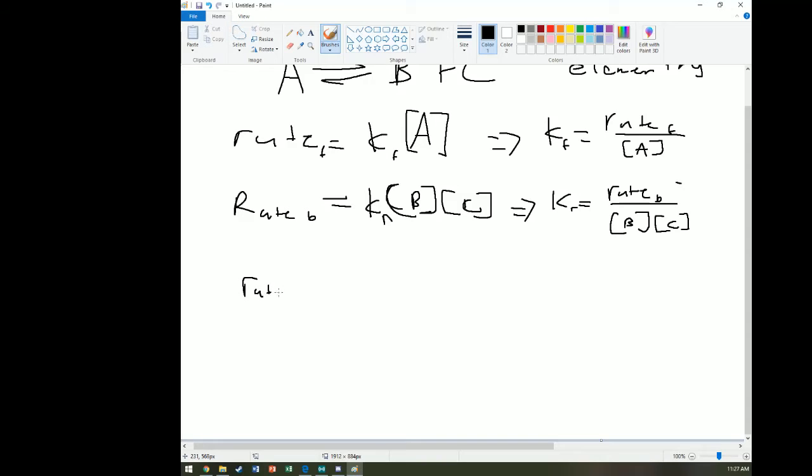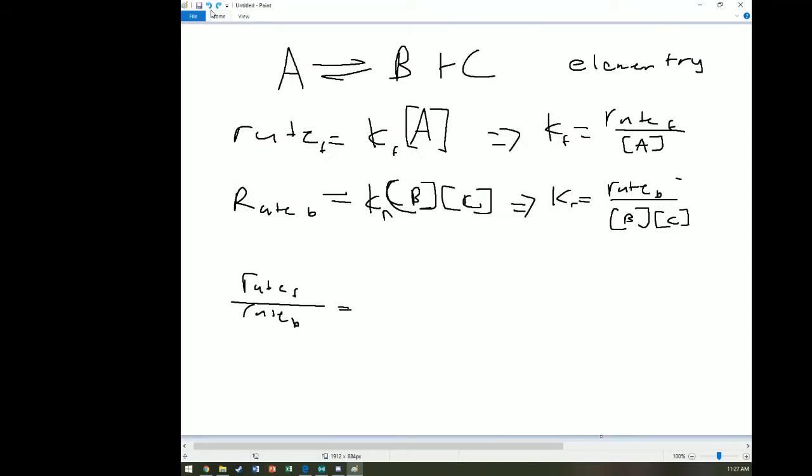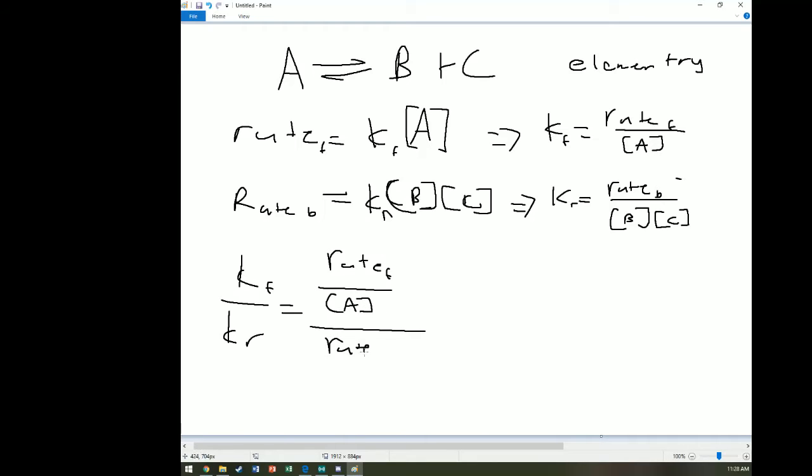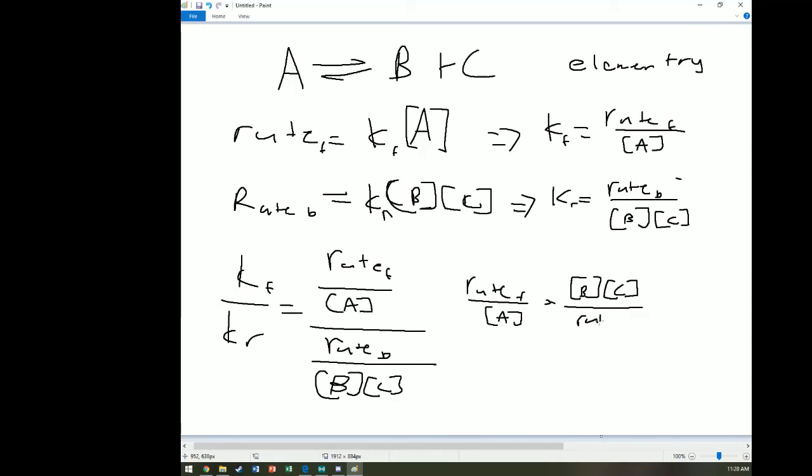So we know that kf over kr equals the forward rate over A times the reverse rate over the concentration of B and the concentration of C. And now if we multiply this by the reciprocal, we get the forward rate over A times B C over the reverse rate.